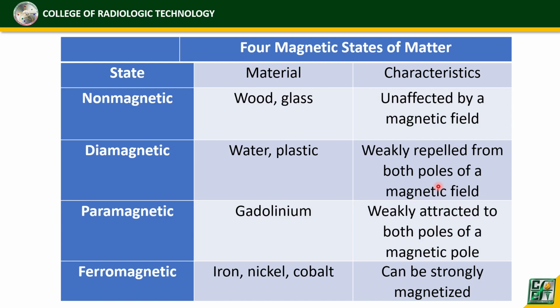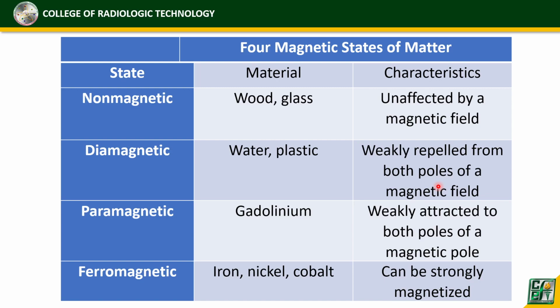So weakly repelled from both poles of a magnetic field. So weakly repelled daw. They can be repelled but mahina lang. So to the point na hindi natin na-observe na sila ay nare-repel talaga.